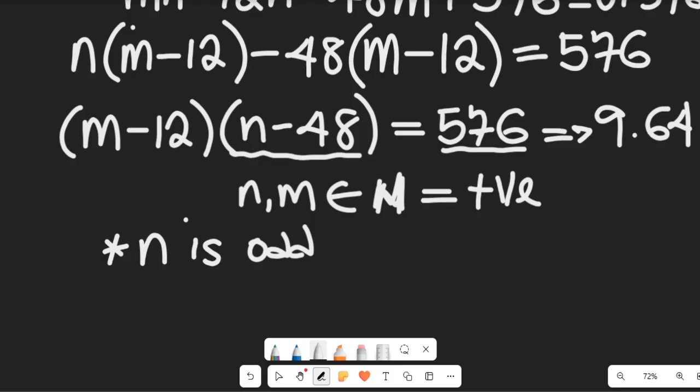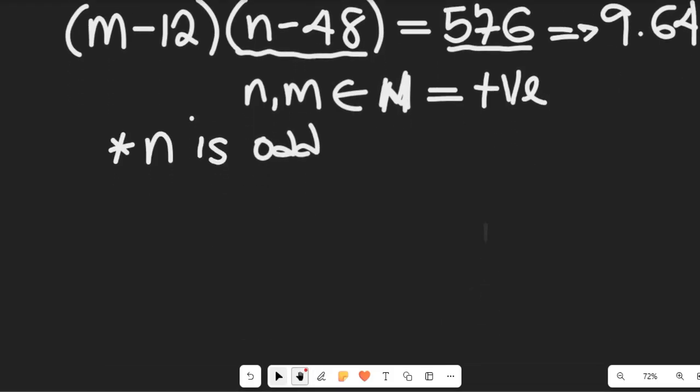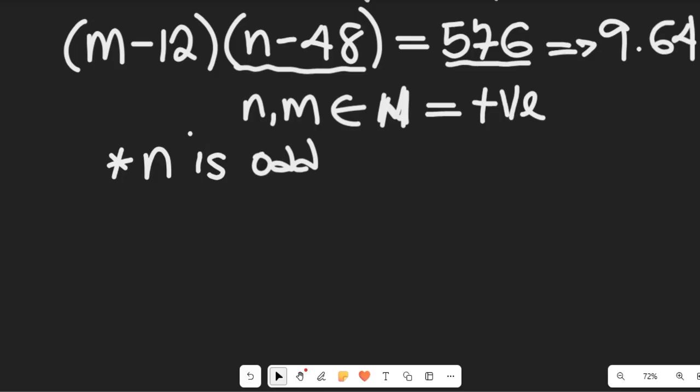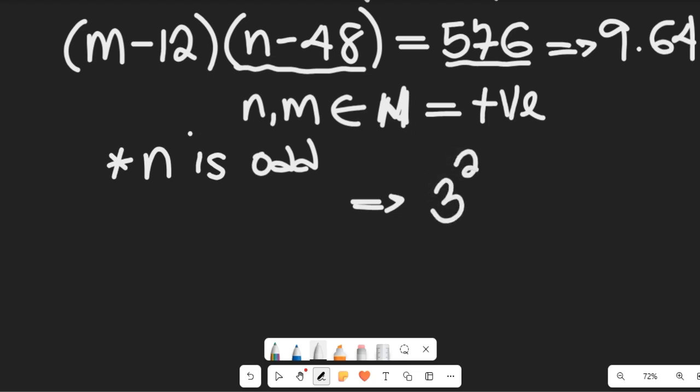So if I take out the factors of 9 multiplied by 64, we're going to look at factors of 576 that are odd. So which factors of 576 are odd? From those two factors, we'll find out that this will give us 3 to the power of 2 multiplied by 2 to the power of 6.